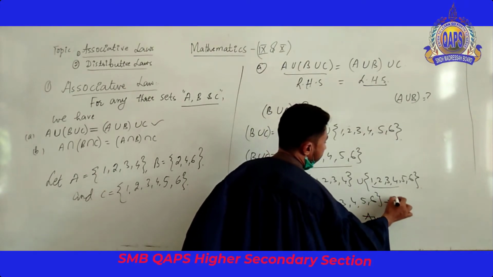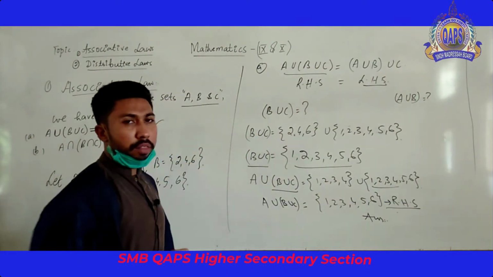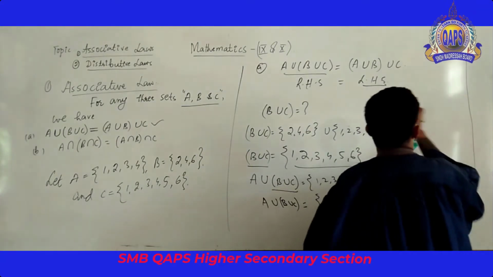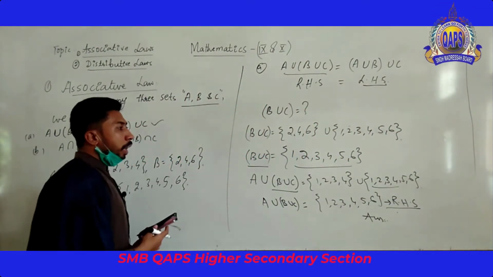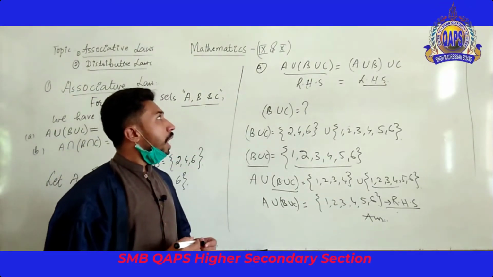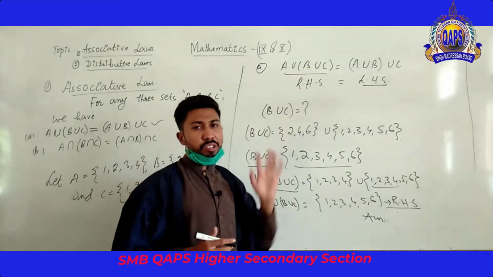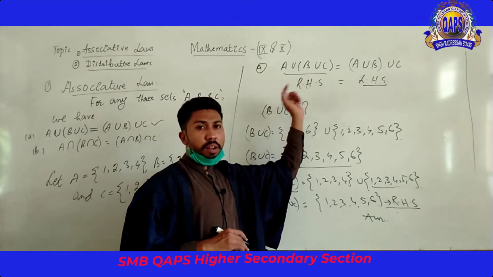This one is the right hand side. Now we prove the left hand side. Here, first of all, we prove the right hand side condition, not the left hand side.